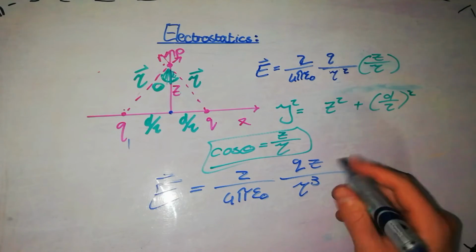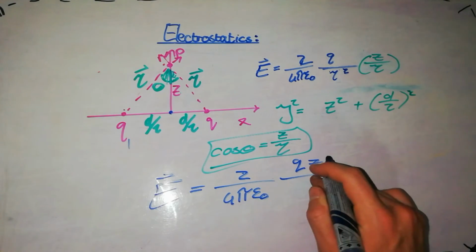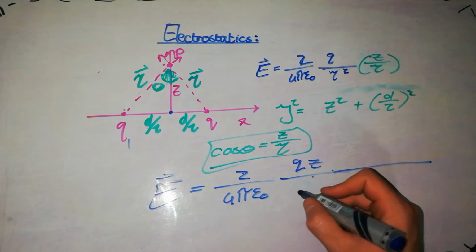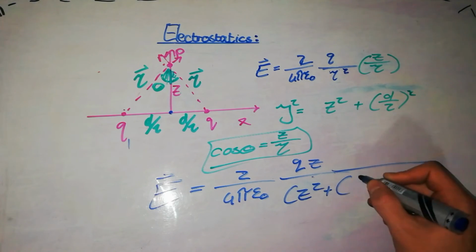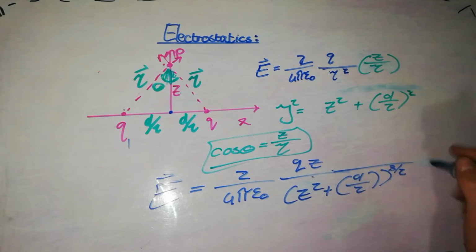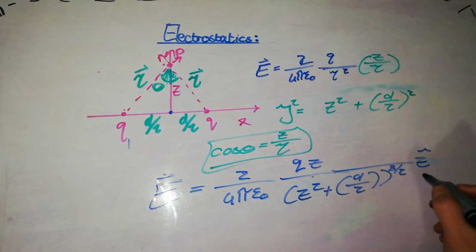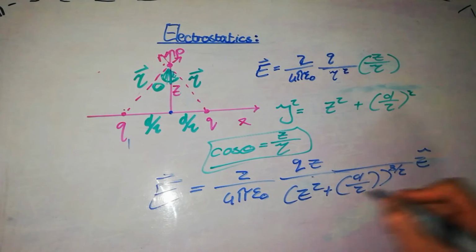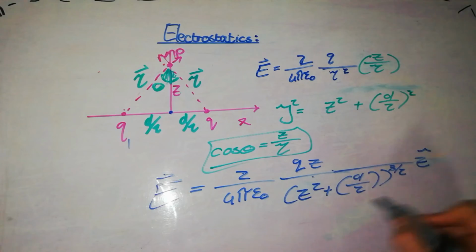Okay, so we can rewrite this because we know what this is. We found it by using Pythagoras' rule. So it'll be z squared plus d over 2 squared, to the power of 3 over 2. And this is all in the z direction. So the fact that we got this in terms of z is important, because we could have just used this, right?